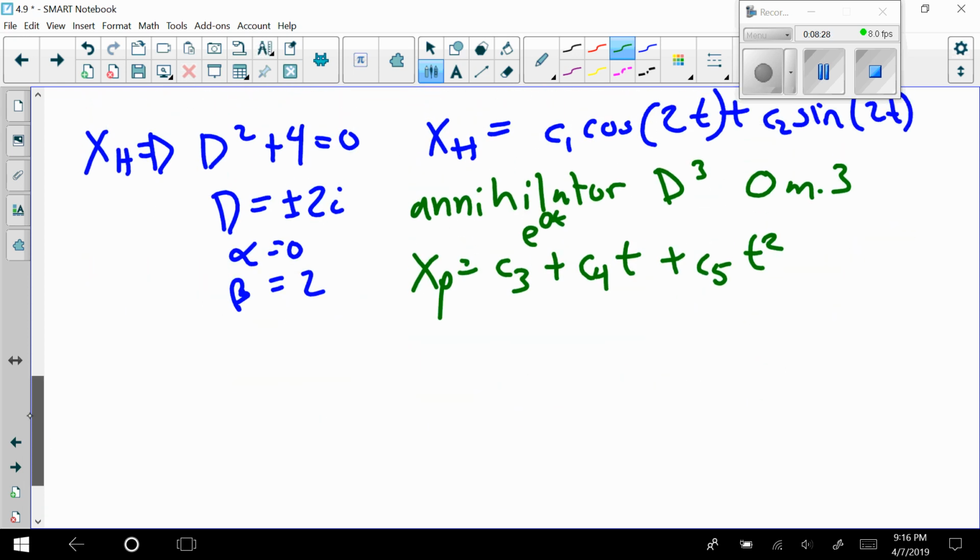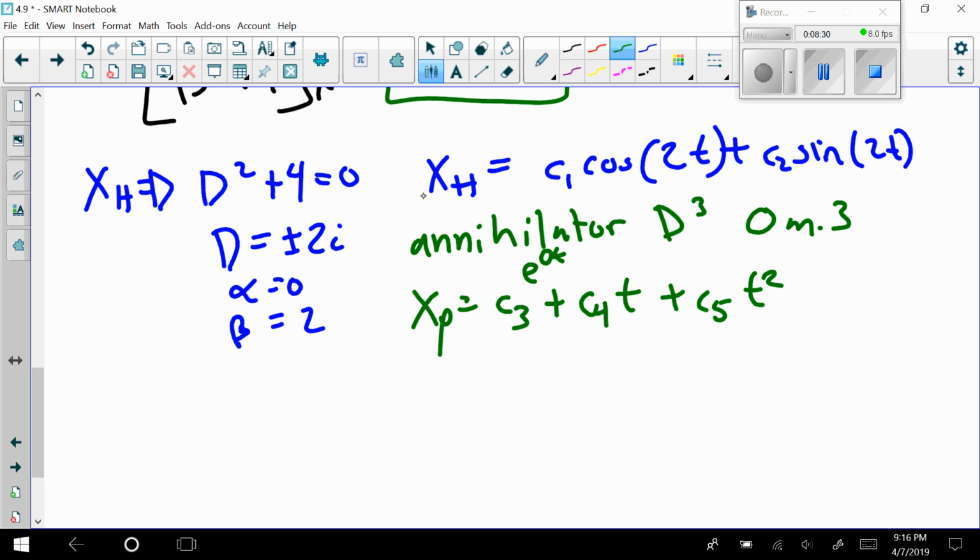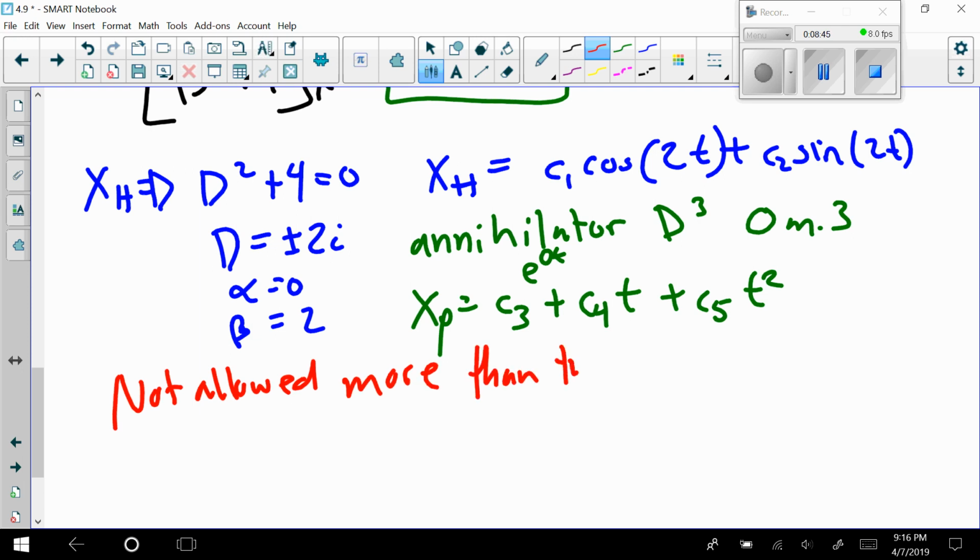And I'm sure some of you are thinking, well, just take this homogeneous and the particular and add them together. That's what we did before. But you got to remember, we are not allowed more than 2 arbitrary constants.